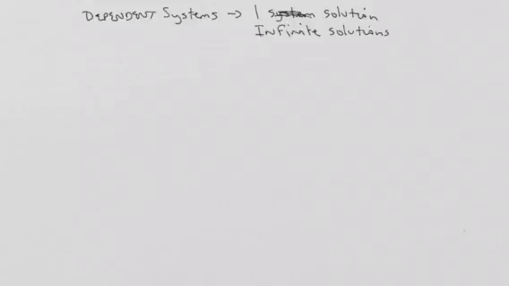I might not be right, but I think I'm wrong about that first thing. I think you get an infinite number of solutions. But I'm going to give you an example that is going to be a simpler example than what you have for a dependent system.